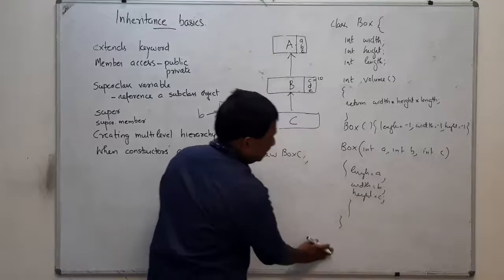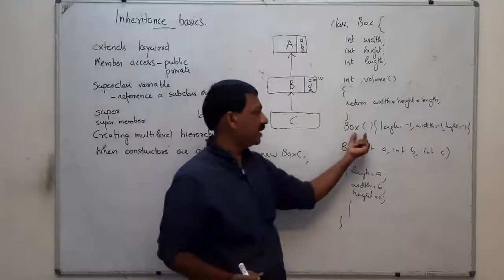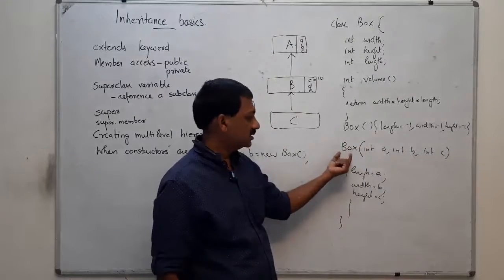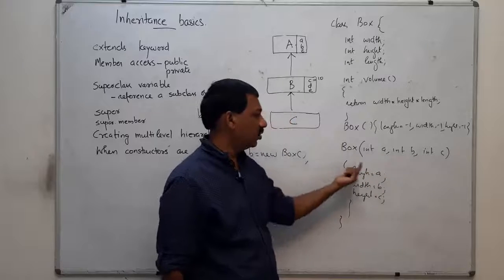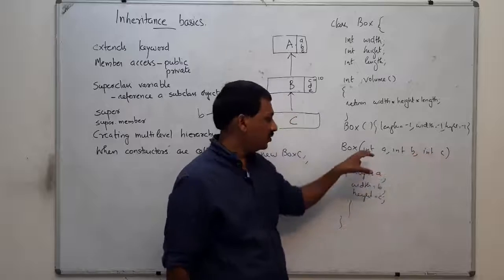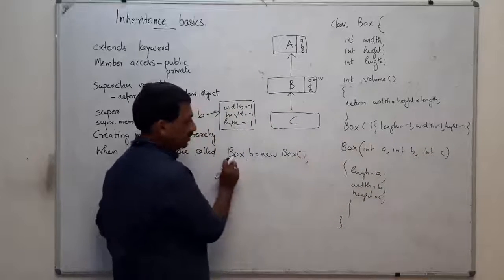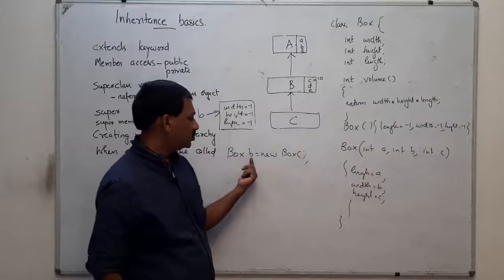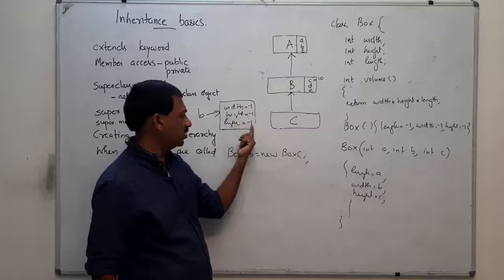This is the Box class, and here this is the parameterless constructor, and this is a constructor which is having parameters. Here we are going to pass 3 integer values. Instead of creating an empty box like this, if you are creating a Box B like this, that will be initialized with -1, -1 and -1.